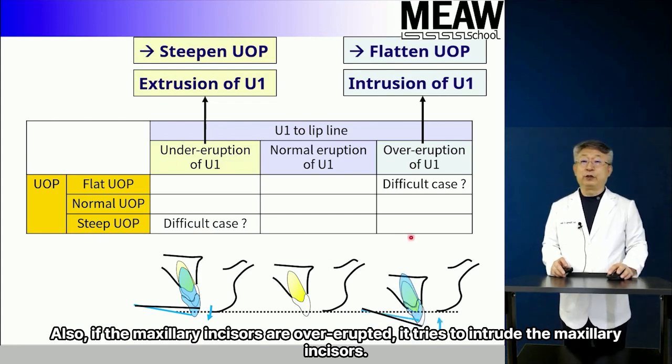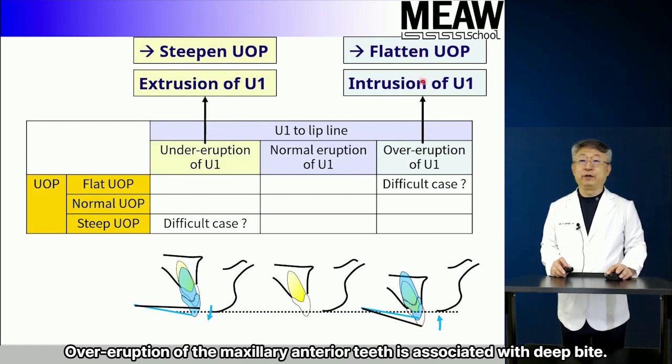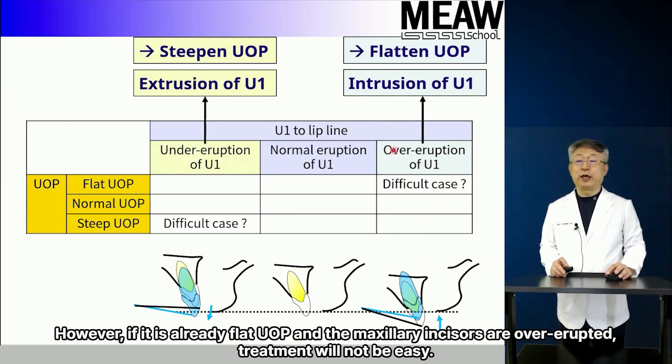Also, if the maxillary incisors are overerupted, it tries to intrude the maxillary incisors. Overeruption of the maxillary anterior teeth is associated with deep bite. However, if it is already flat UOP and the maxillary incisors are overerupted, treatment will not be easy.